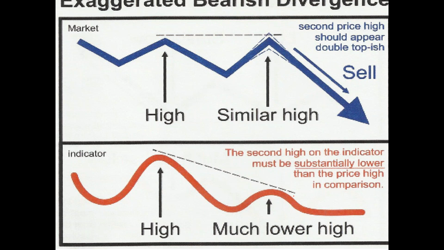There will be a lot of examples which will show you that exaggerated divergence is very similar to regular type. But the only difference is a double top. Okay?